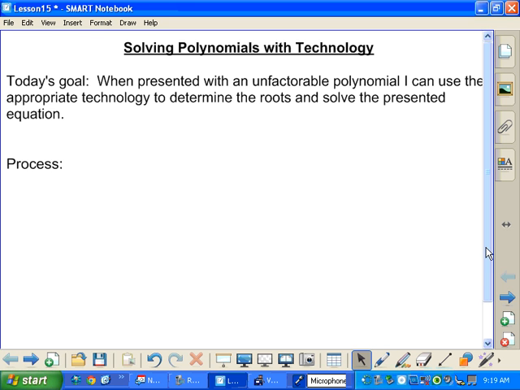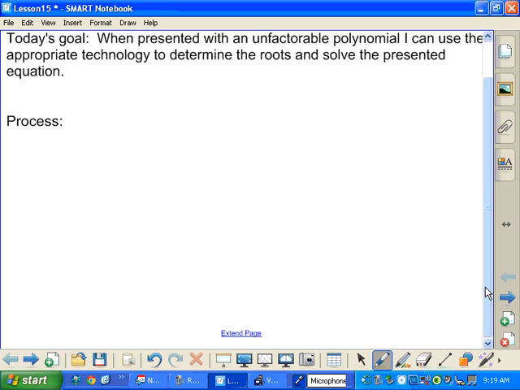So let's do a bit of a recall, and I'll do that over to the side here, just on terminology. Remember that our x-intercepts are also known as the roots of the equation.